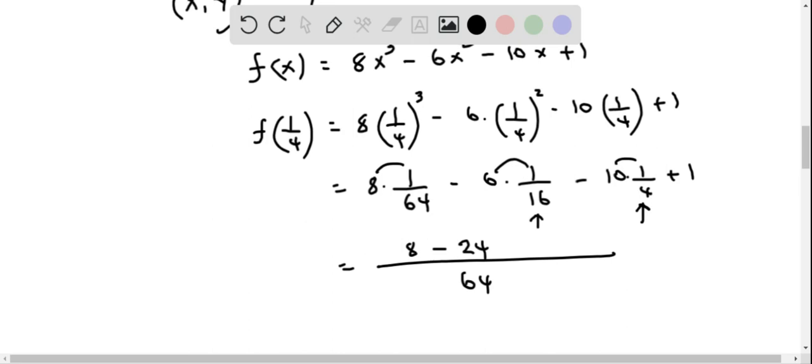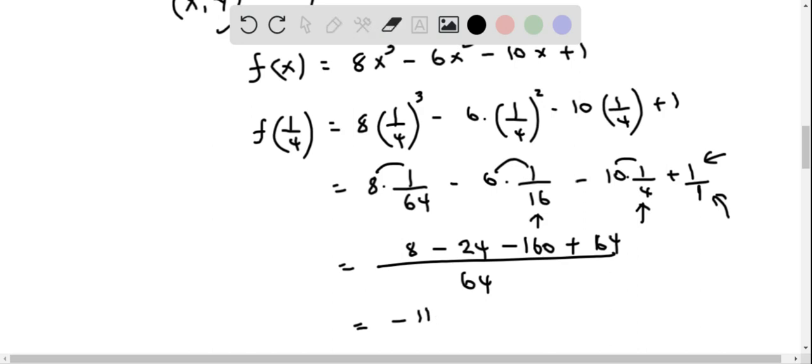So to make it a common denominator, we should multiply by 16. So 10 times 16 is negative 160, and then for this we have to multiply by 64, because here we have the denominator 1, and so this simplifies to negative 112.